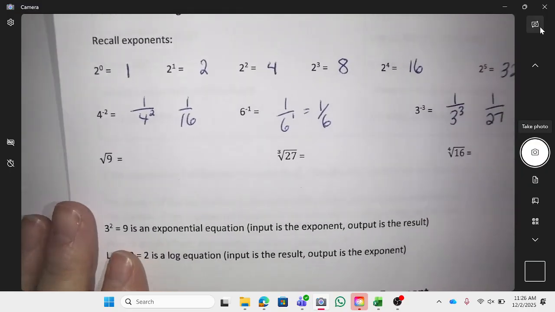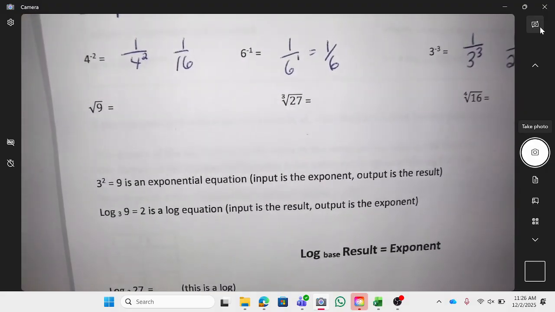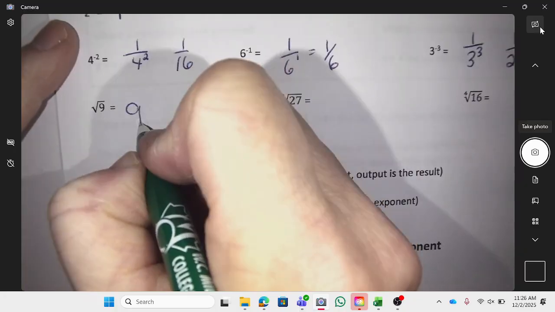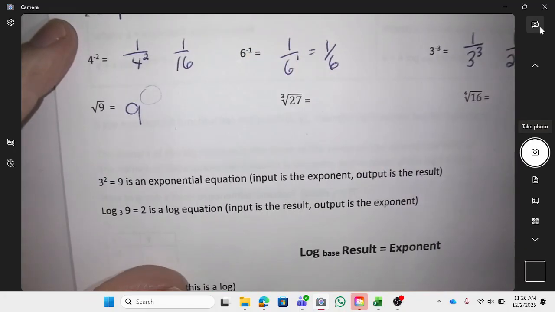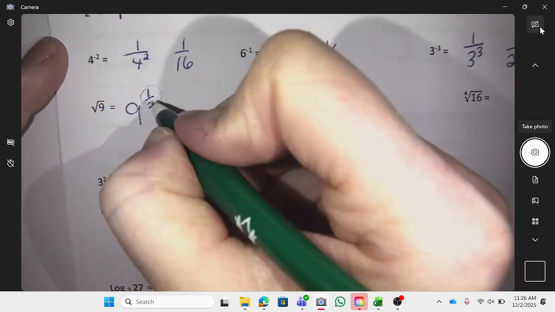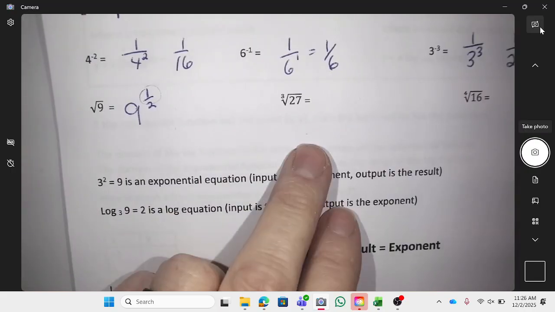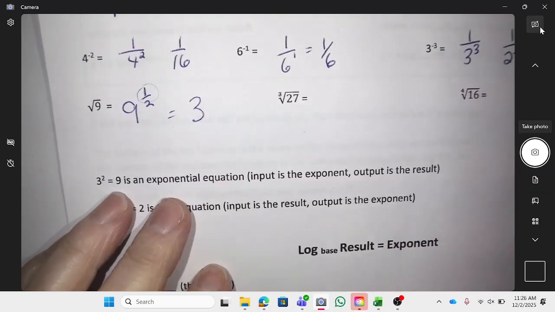Okay, so this was also a grade 10 rule. A square root is the exact same thing as doing an exponent of, do you remember? A half, yep. Which is 3.